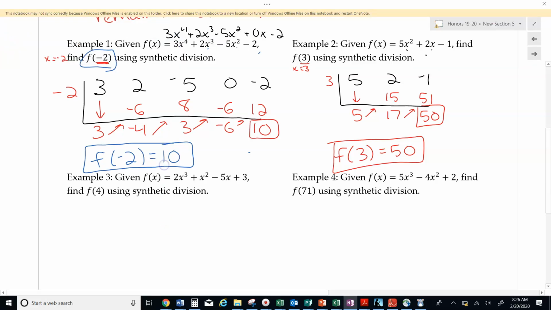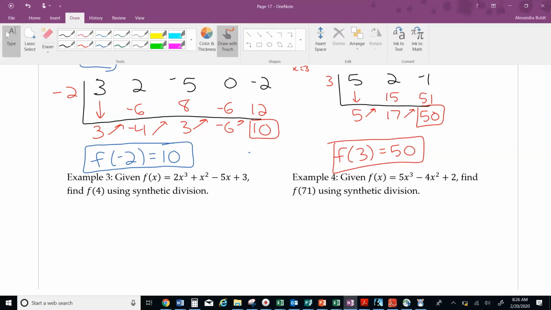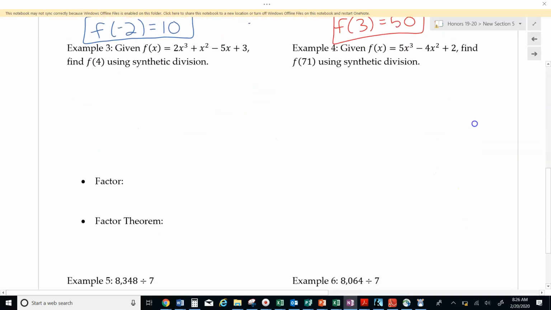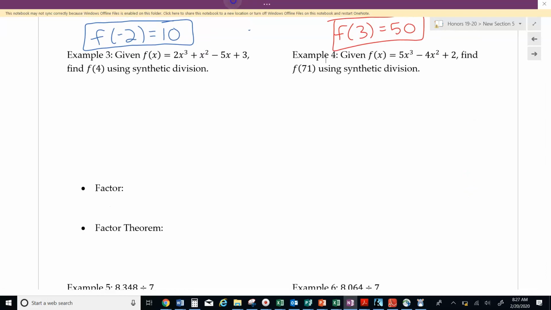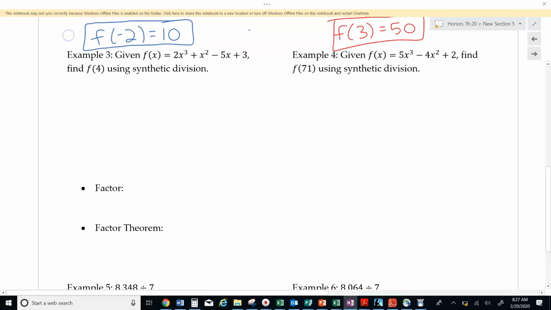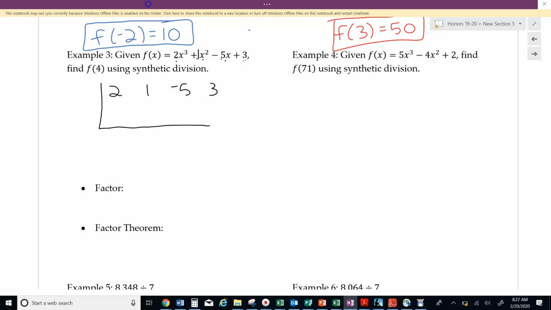Okay. We're going to do one more of these, and then I'm probably just going to skip example 4. It's not that different. And this is in order, so I'm good there. And there's a 1 here. 5 and 3, right? Taking my coefficients.